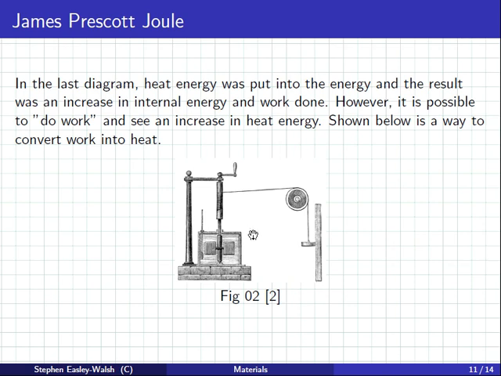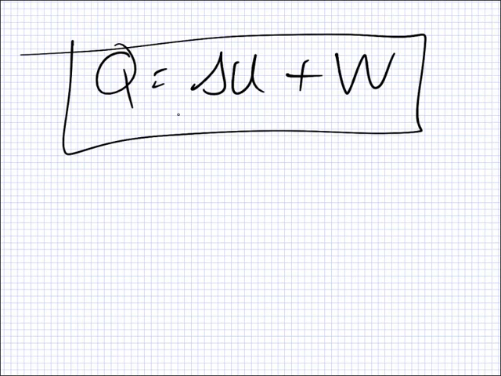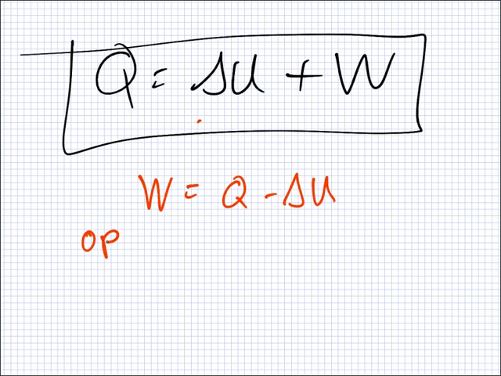Do you understand? So you can think about it like this. You can say work is Q minus delta U, or delta U is Q minus W. You can think about it both ways.